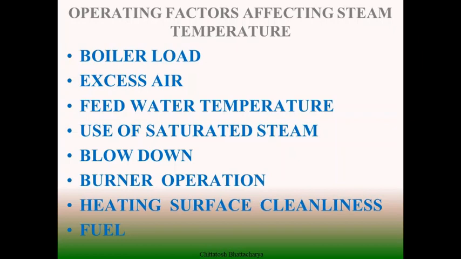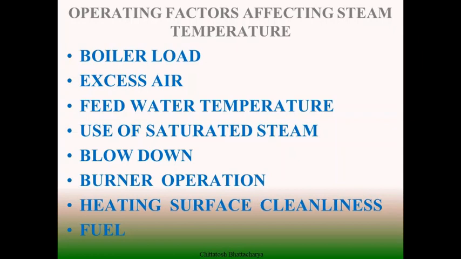The most important part is the fuel quality, how much heat value is available with the fuel, because each burner is having a maximum capacity of firing fuel. If fuel heat value is more, we can fire less quantity of fuel for generating the same quantity of heat.